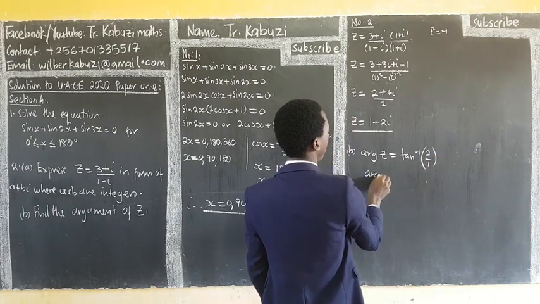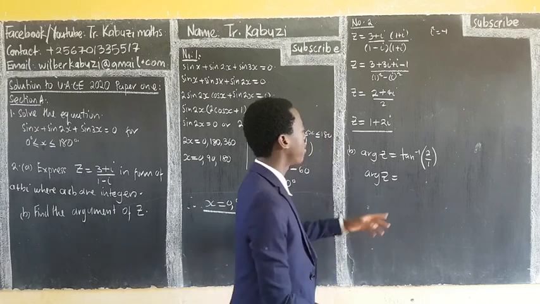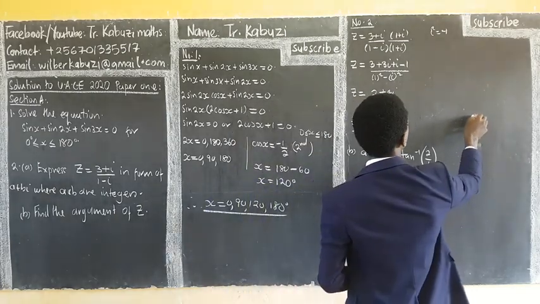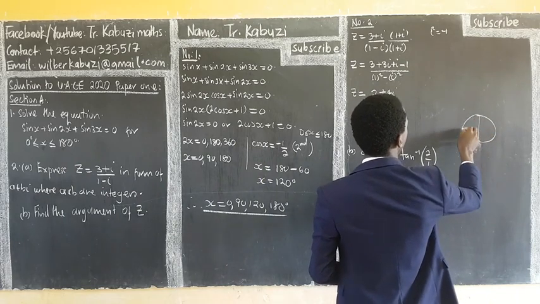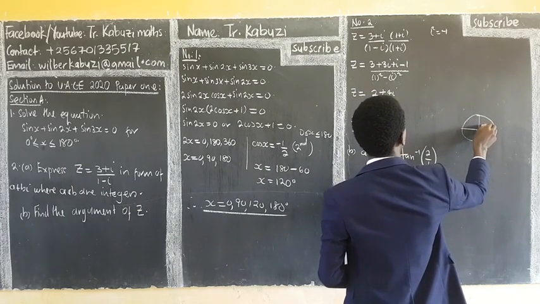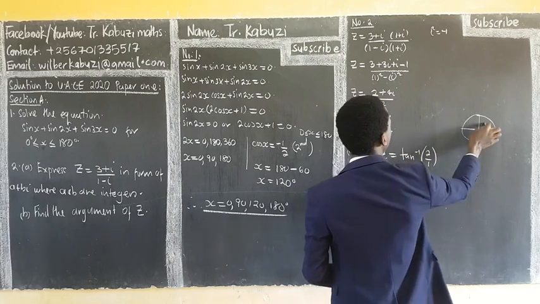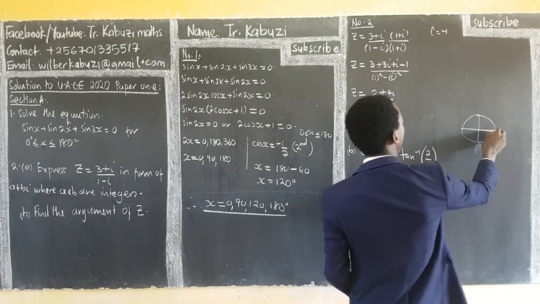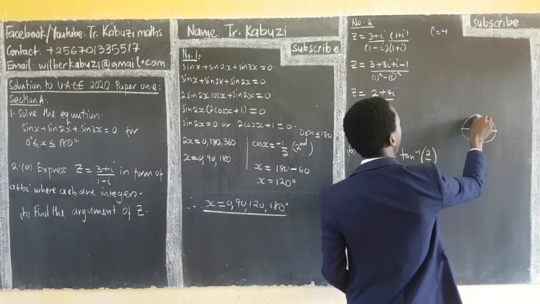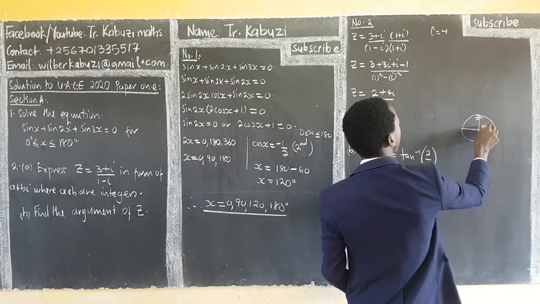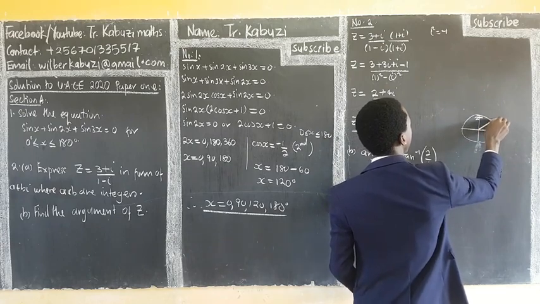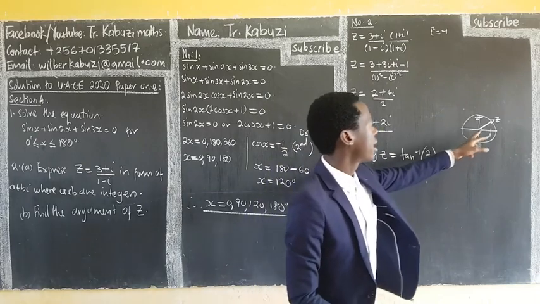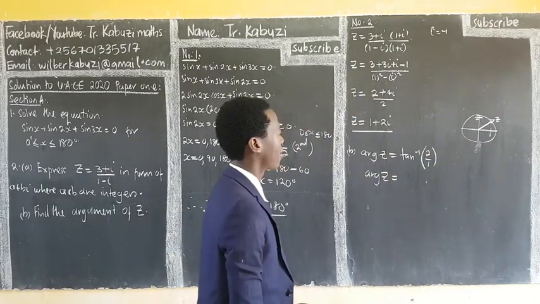I'm doing this because this one sits positive and positive, so z is going to be in the first quadrant, where we have 2 and then 1. Because all of them are positive, this is how we get the argument in the first quadrant.